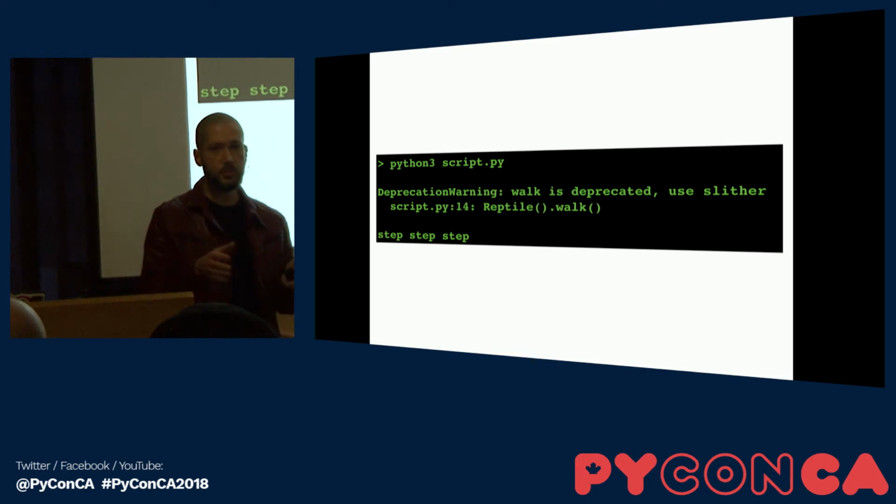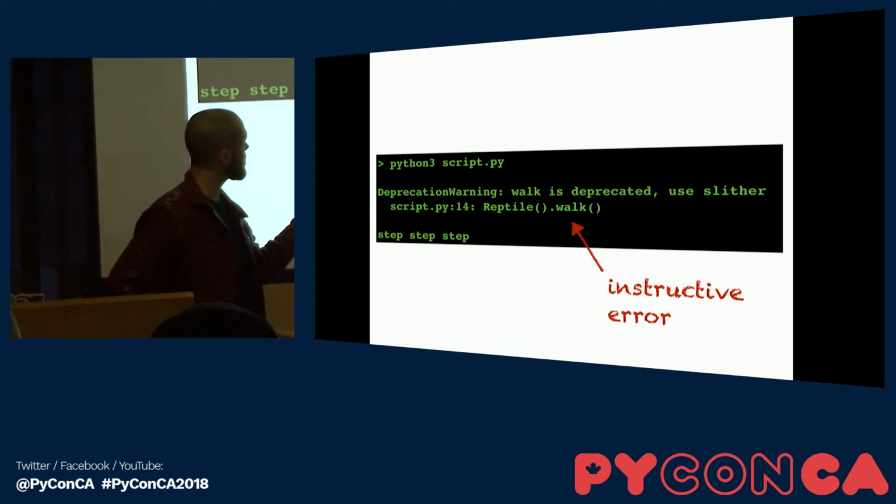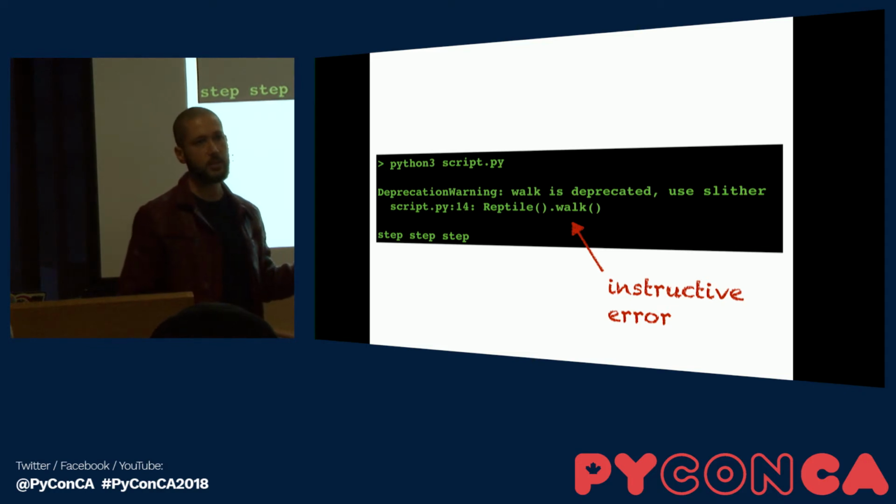So how are users actually going to test their code and catch deprecations? They want to know that their test will pass if they have no deprecations and fail if it does. So the way to do that is with this, and notice also that there's an instructive error, which tells users how to fix their code.